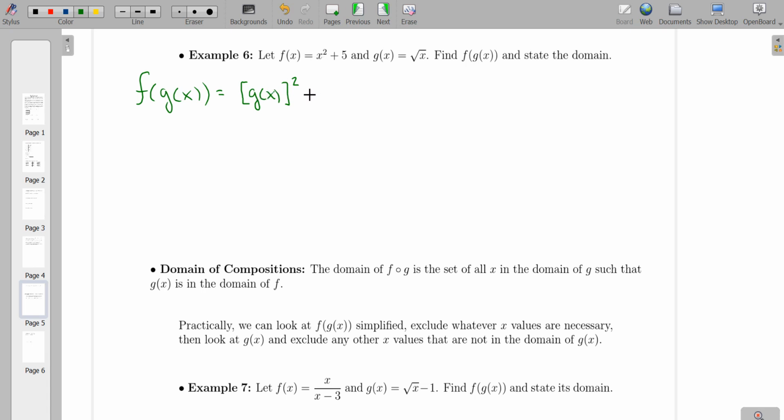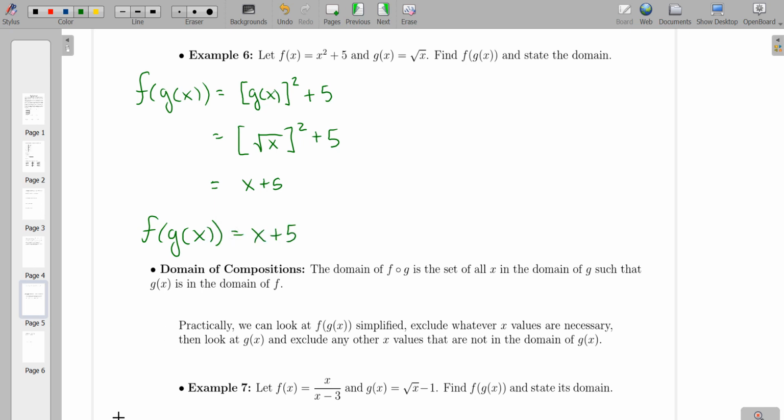And then I have g of x squared plus 5. But then, of course, g of x, we know, is the square root of x. So we end up taking the square root of x, squared, plus 5. And so that simplifies to x plus 5. So we could say a simplified version of f of g of x is x plus 5.